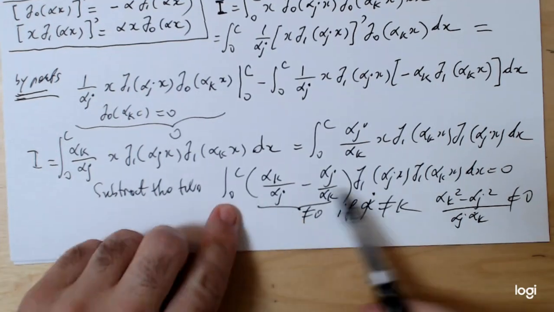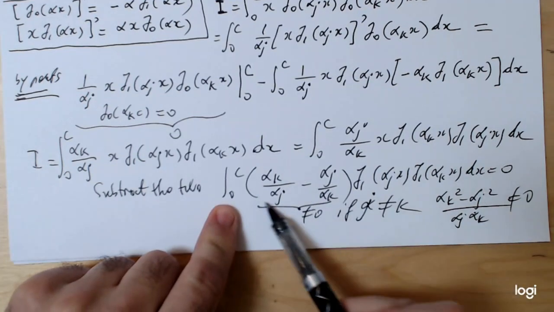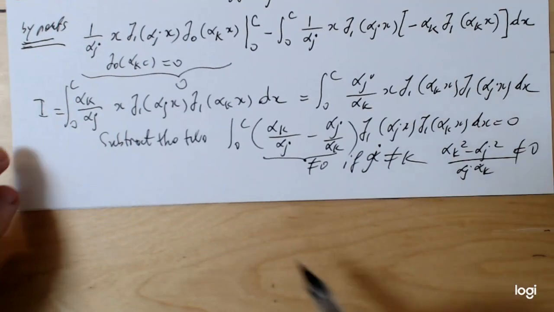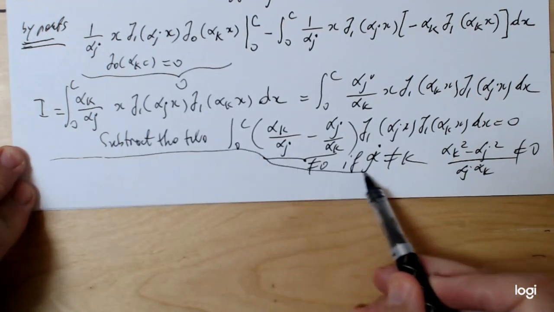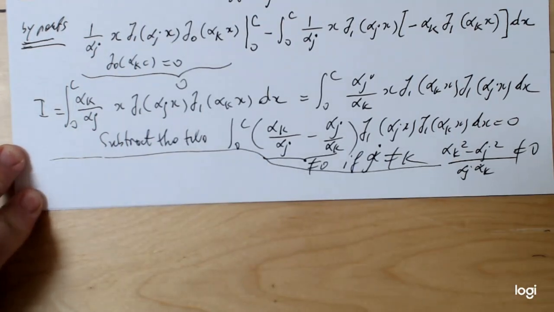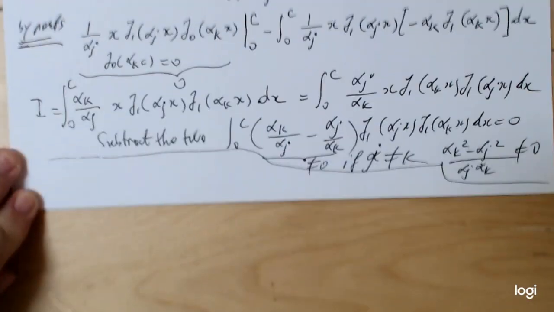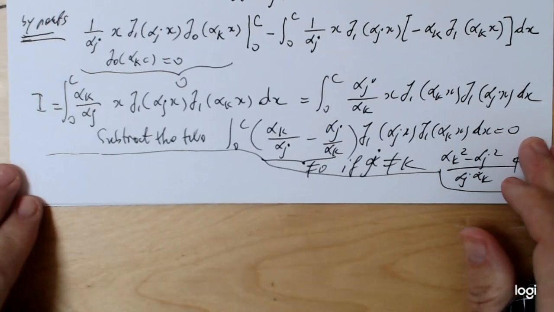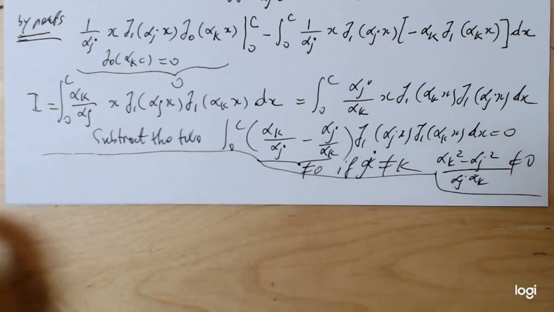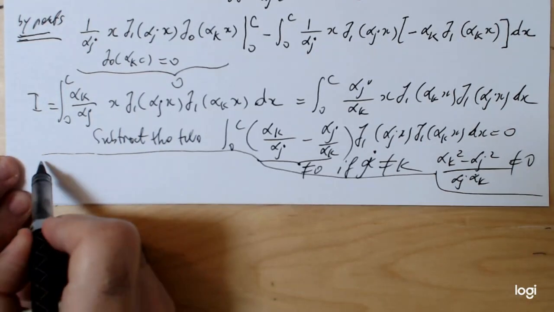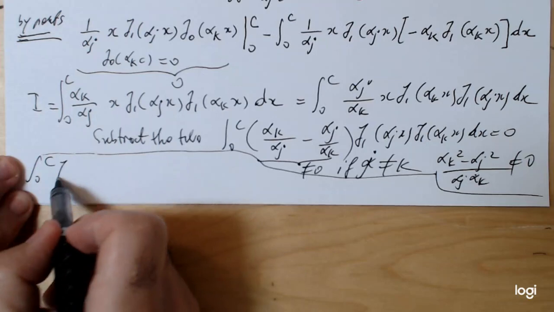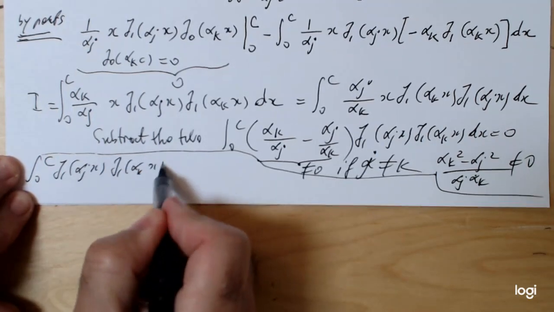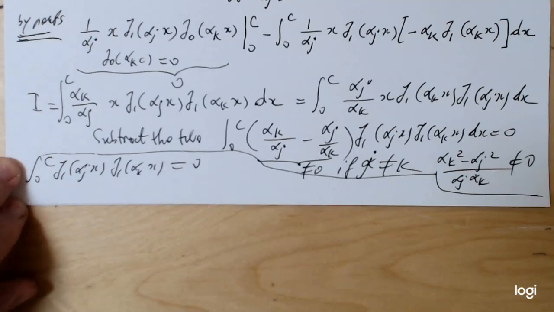But if this integral is 0 and this constant is not equal to 0, that means, and let's see if we can write it in the same piece of paper so we have it in front of us. That just means, oops, got overexcited here and hit the camera. So that means the integral from 0 to c of J1 of alpha_j x J1 of alpha_k x is equal to 0.